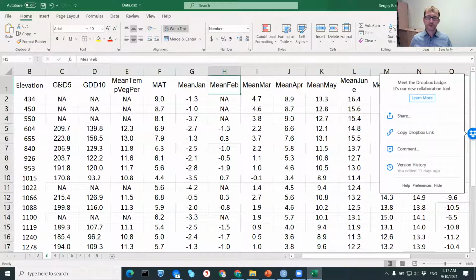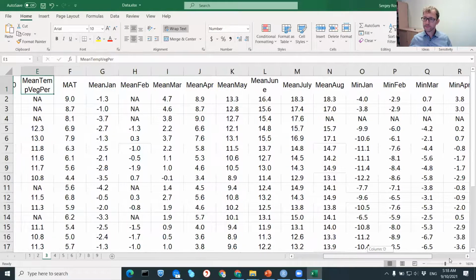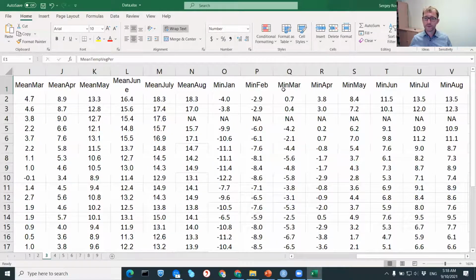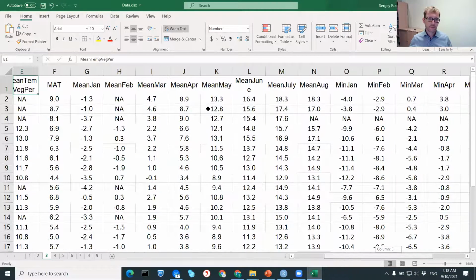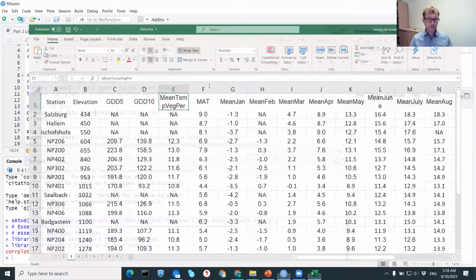I also calculated the grow degree days based on 5 degrees Celsius and 10 degrees Celsius. And of course, we have data for mean temperature of the vegetation period. I also have some lowest temperatures from different months. I mean, you probably know it. Right, I read the data.